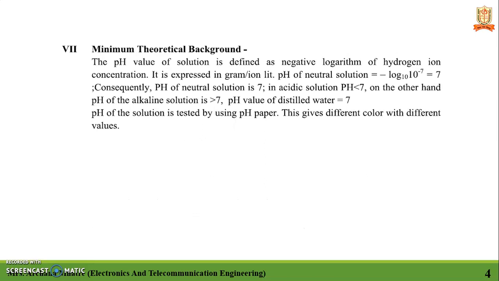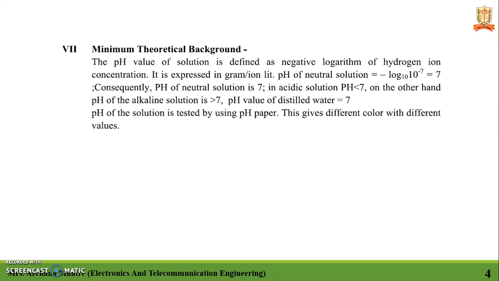Minimum theoretical background. The pH value of a solution is defined as the negative logarithm of hydrogen ion concentration. It is expressed in gram ions per liter. The pH of a neutral solution is equal to minus log of 10 raised to minus 7, with base 10, which is equal to 7.